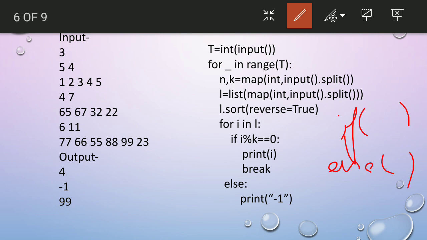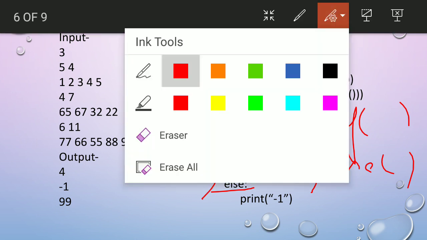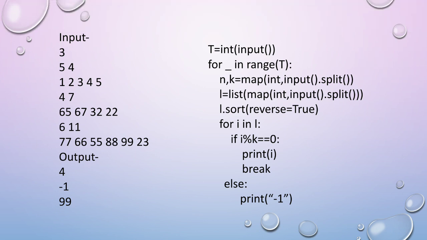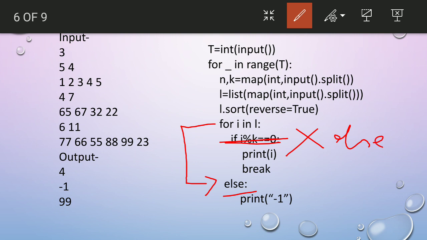But now I want to give the else for the for loop. This is the for loop and this is the else for this for loop, not for this if. For this if there is no else, but this else is for this for loop.